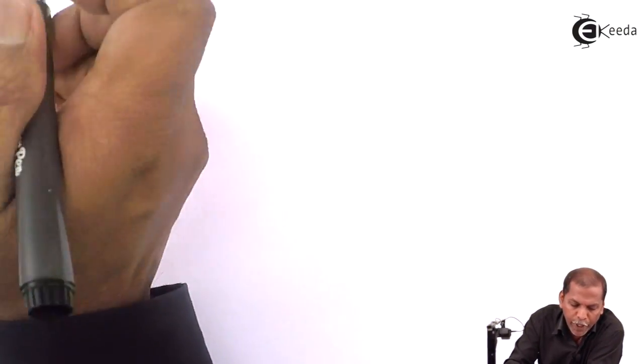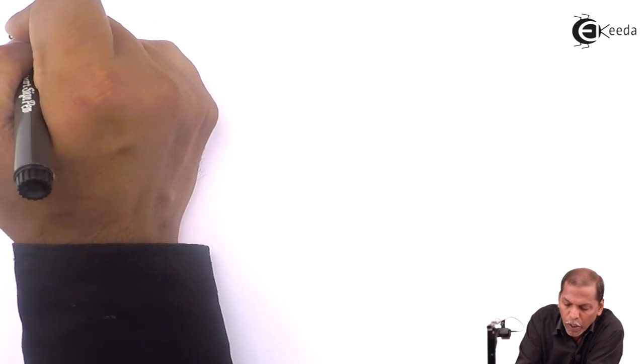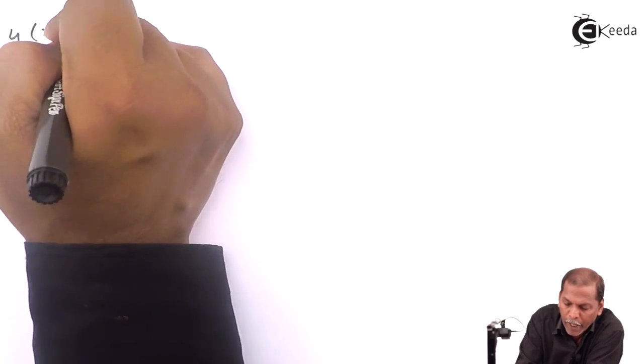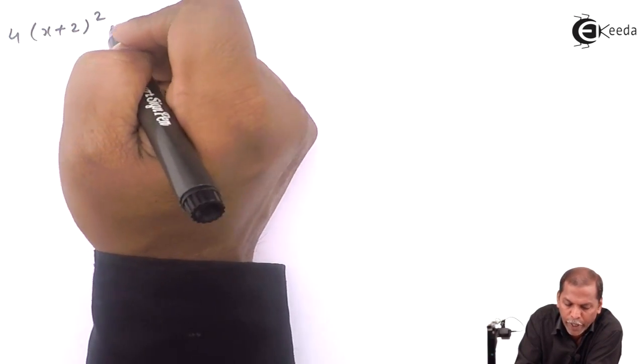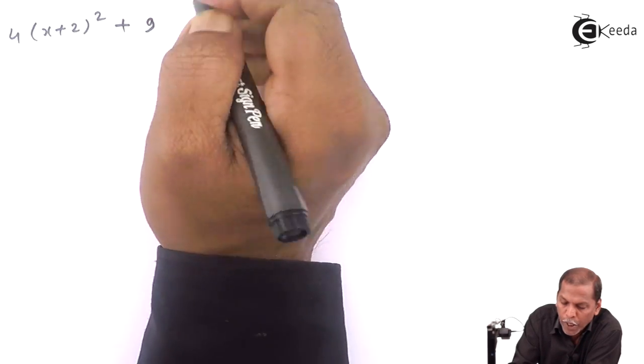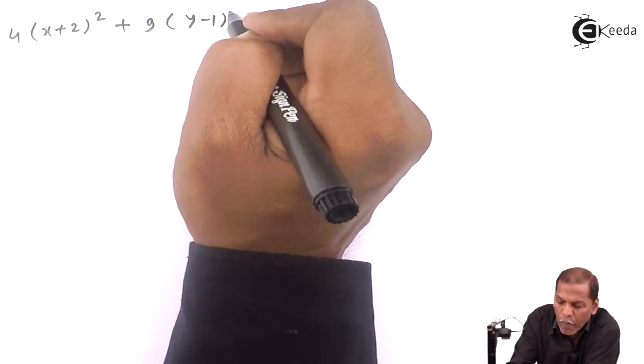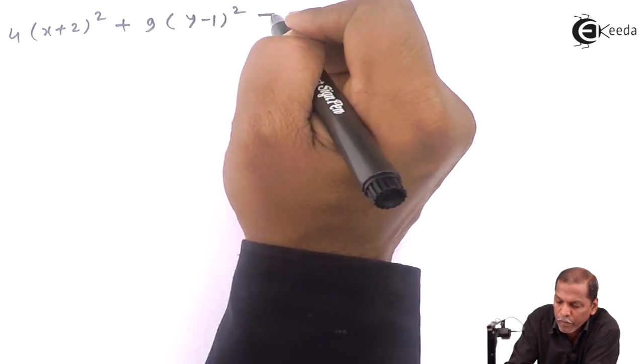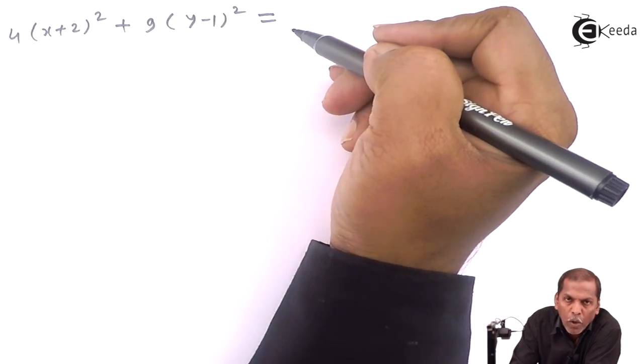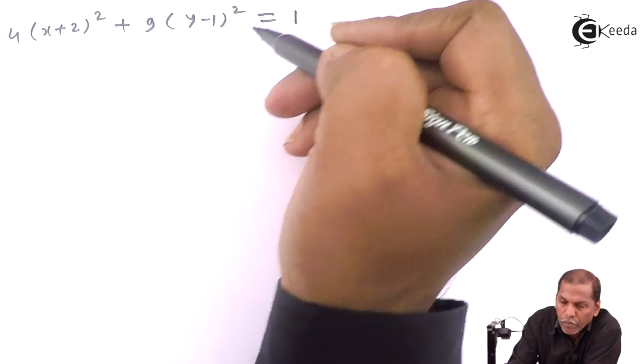Therefore, the next step will be 4 times this bracket, which I can write as (x plus 2) the whole square, plus 9 times (y minus 1) the whole square, and that is equal to 1.